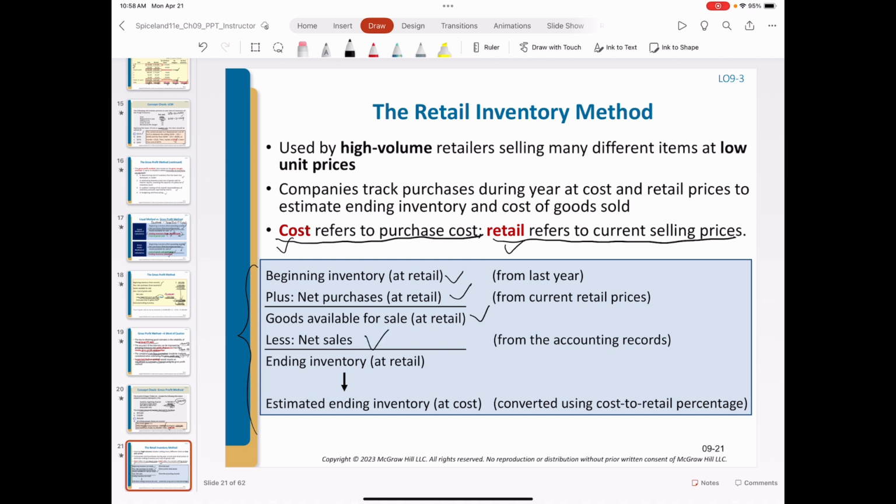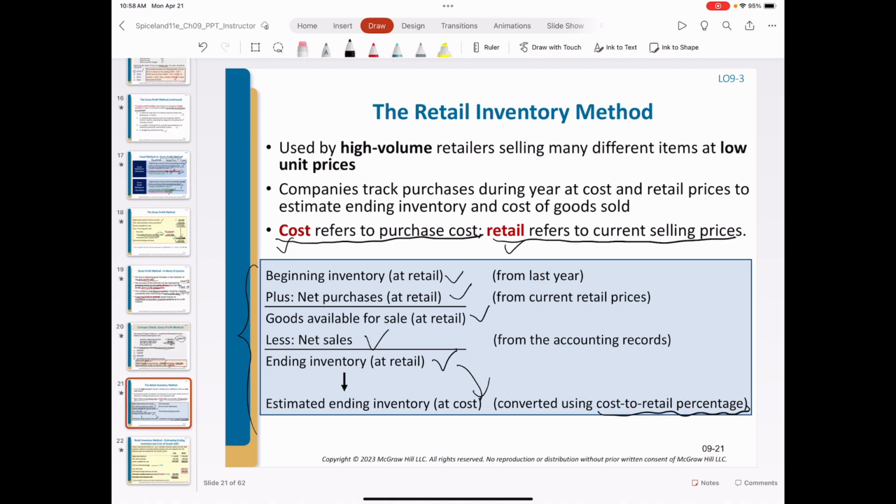We subtract the net sales, which represents the retail value of goods sold. We can have the ending balance of inventory at retail value. Then we convert to the cost based on the cost to retail relation, or cost to retail percentage.